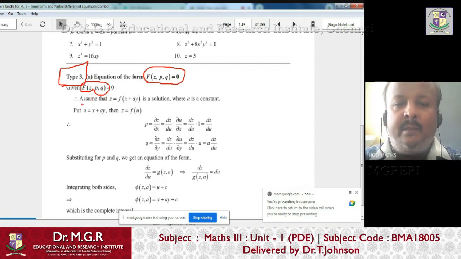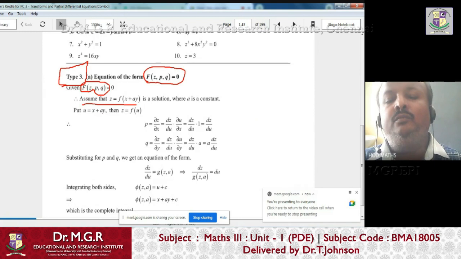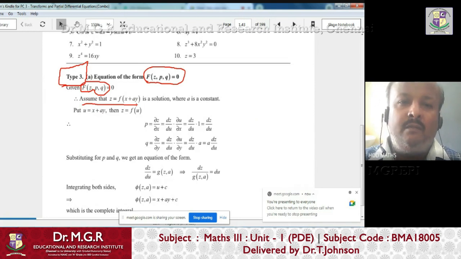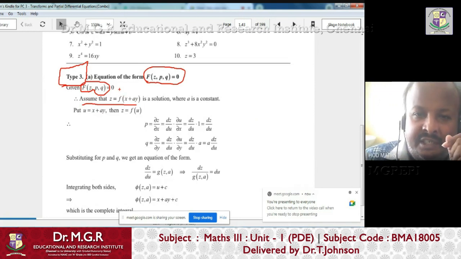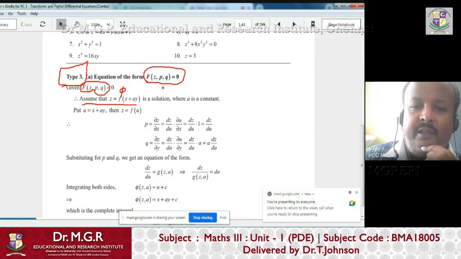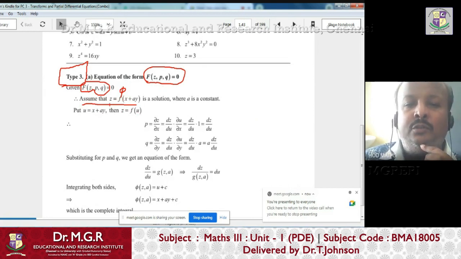Just like in type 1 and type 2, in type 3 we assume that the solution is of the form z equals some arbitrary function f. In some books they use the letter phi in place of f, but whether it is f or phi, we assume that z equals some arbitrary function phi with argument x plus ay. So this is our assumption.